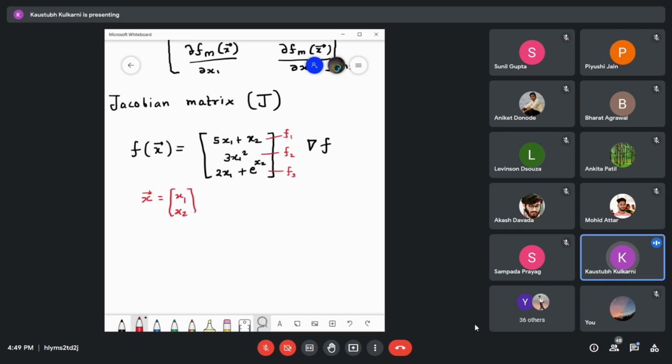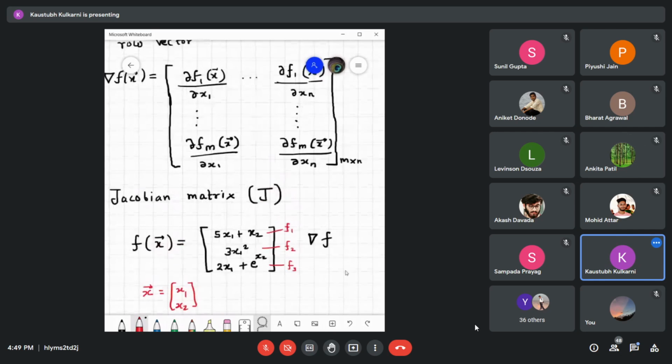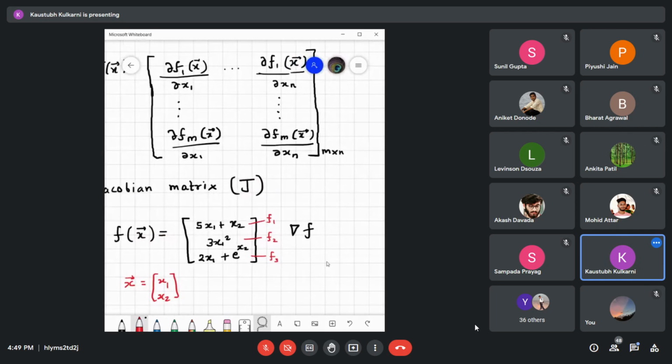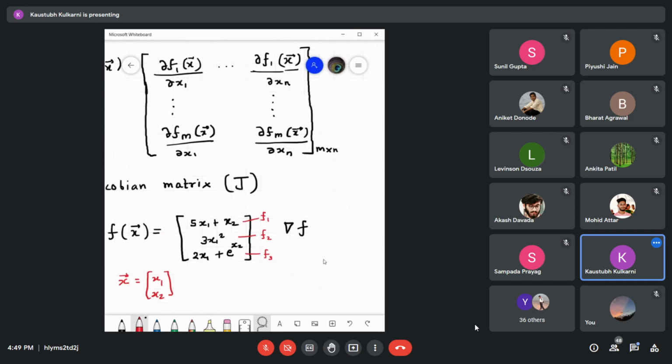We have two variables x1 and x2, and these are the three components of the vector. How will the matrix look? I'll pause for a minute, try to solve it, and I'll continue in a minute.